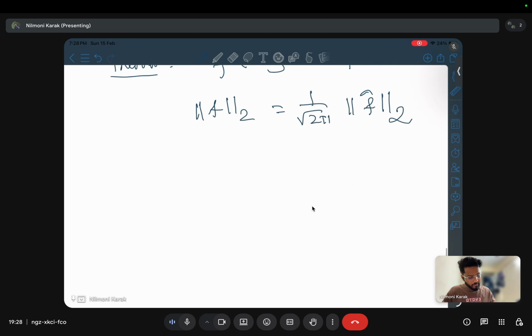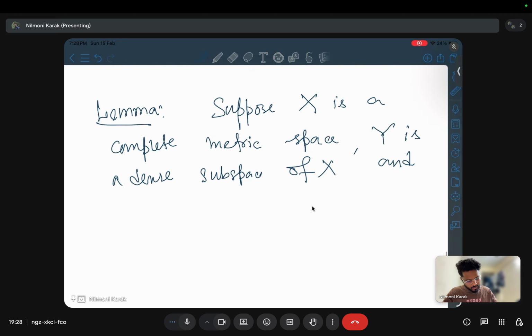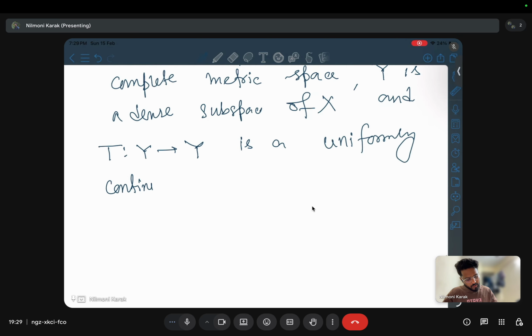Now, one interesting lemma we studied. Suppose X is a complete metric space and Y is a dense subspace of X, and T from Y to Y is a linear operator which is uniformly continuous.